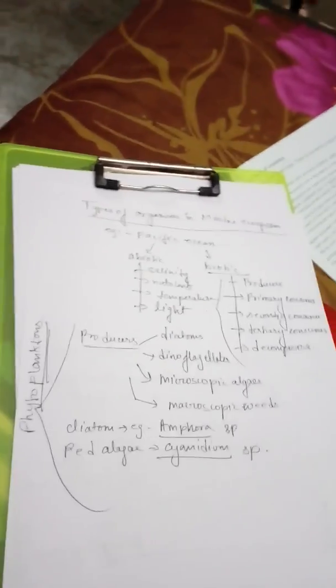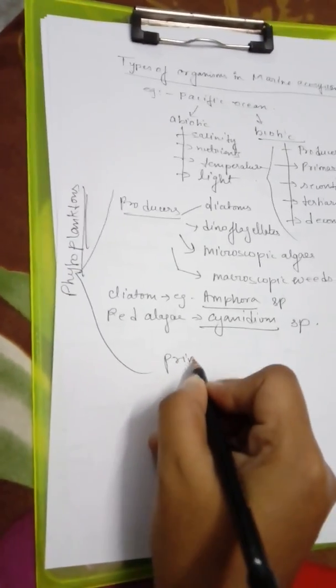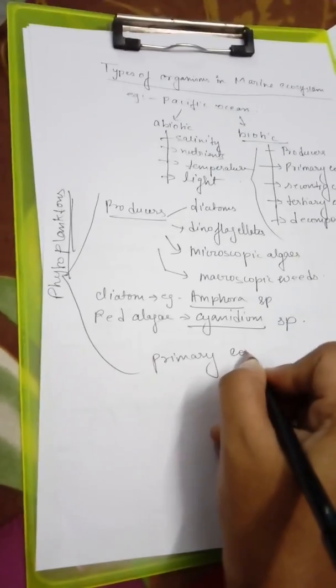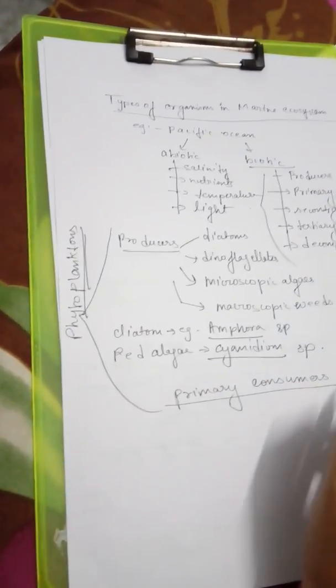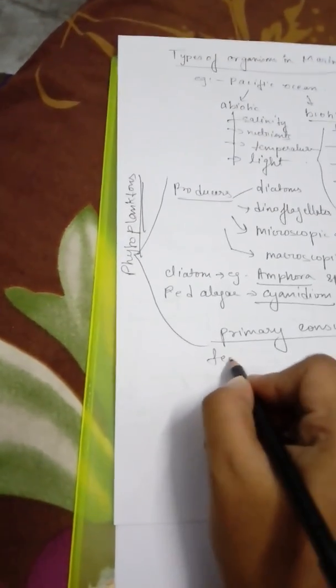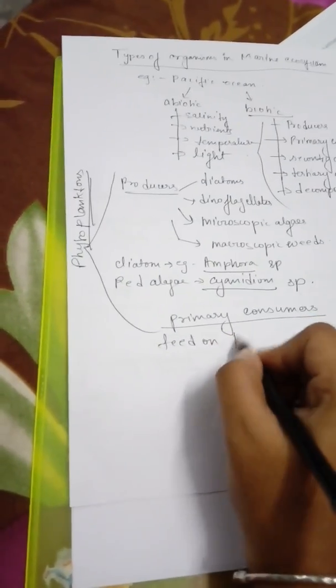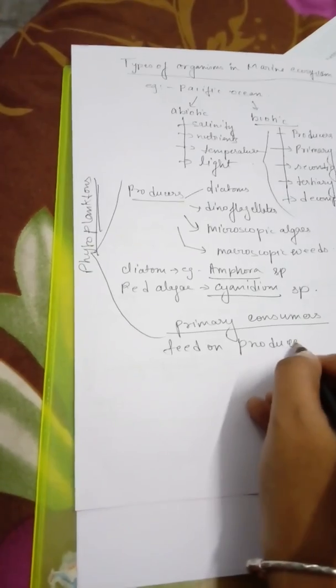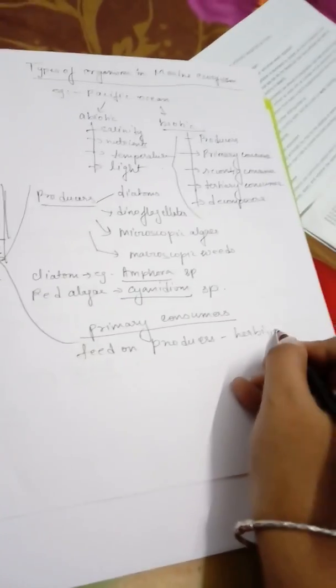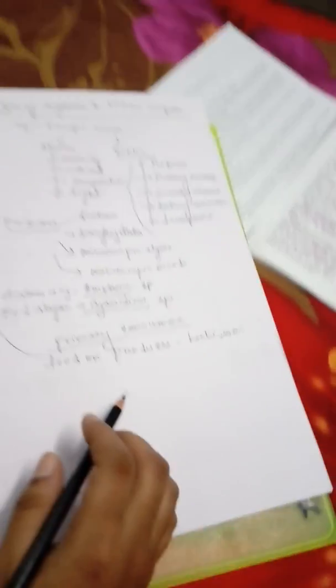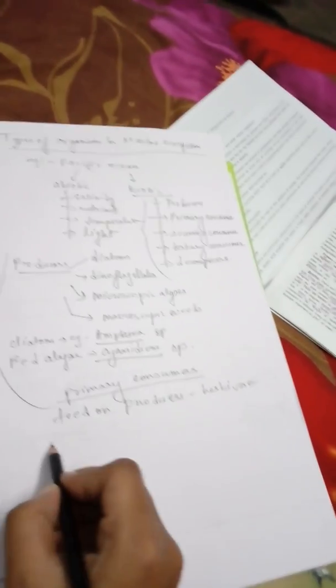Now let's come to the primary consumers. The primary consumers feed on the producers, that is, they are herbivores. They are mainly crustaceans.